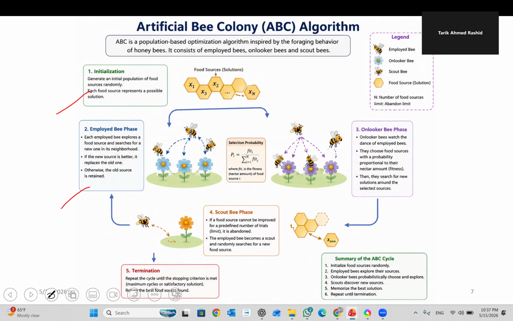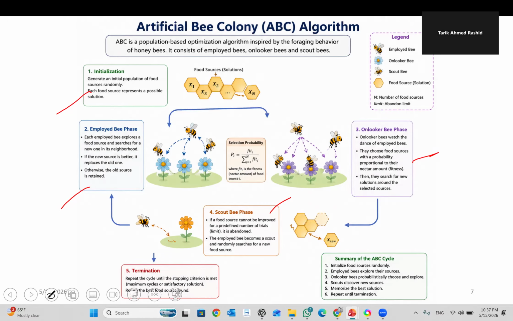And here we have the onlookers. Onlooker bees watch the dance of the employed bees. They choose food sources with a probability proportional to their nectar amount, or the fitness, as we call it. And then they search for new solutions around the selected sources. Then we come to stage number 4, which is scout bees.